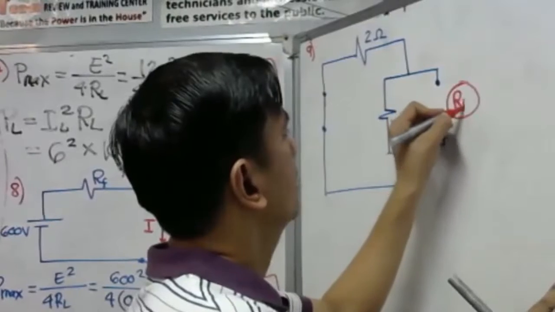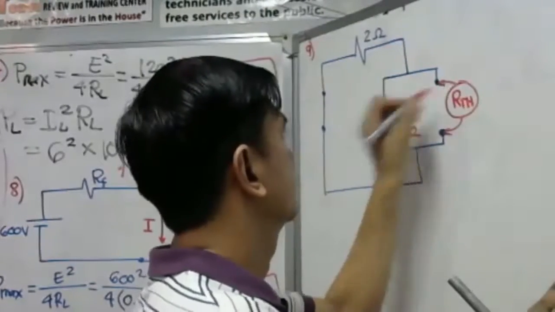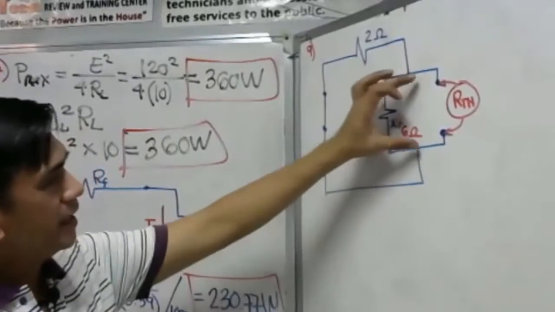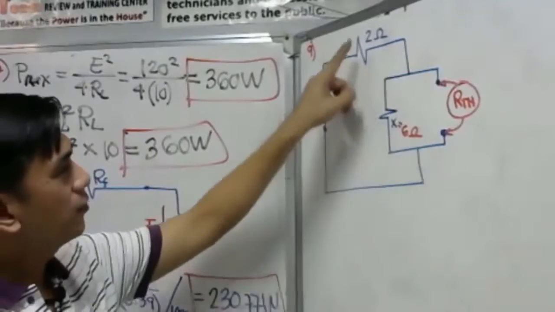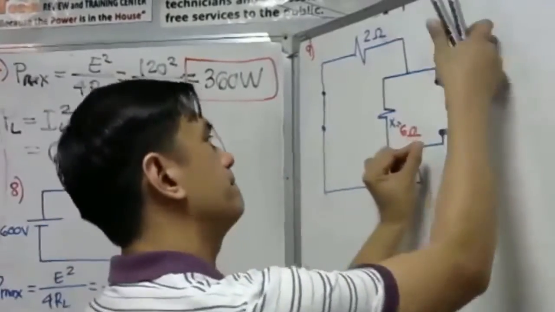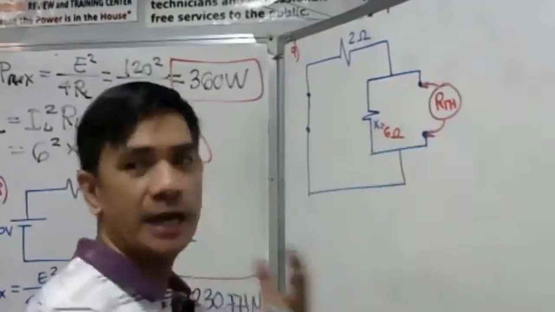This will be our RTH. That is our open circuit resistance. Now, what can we say with our 2 ohm and 6 ohm? If this is our ohmmeter, let's say I am the ohmmeter.